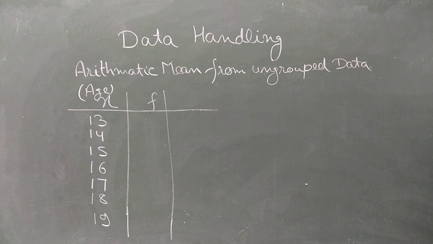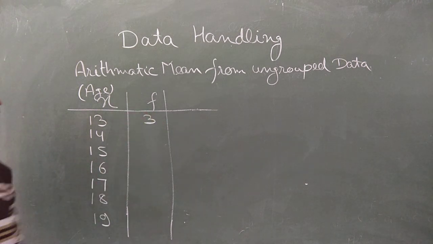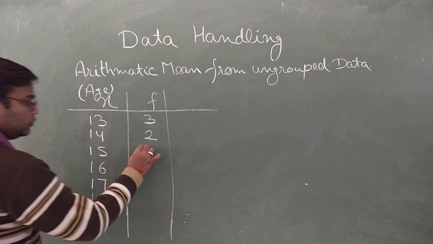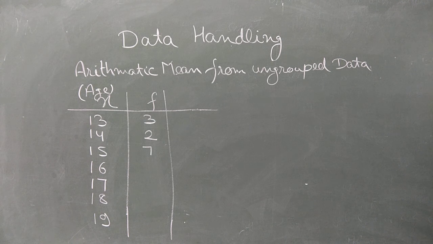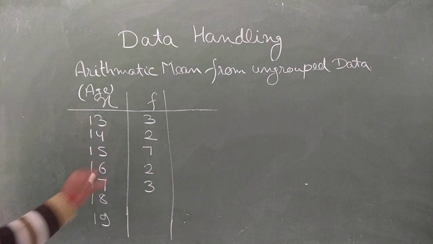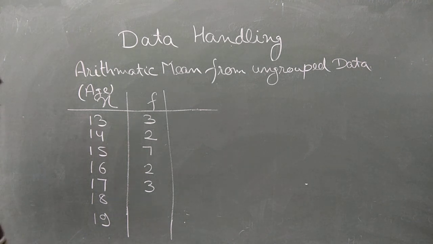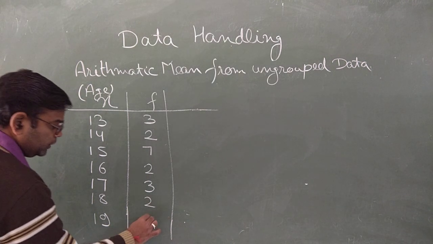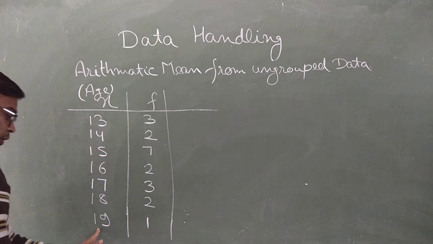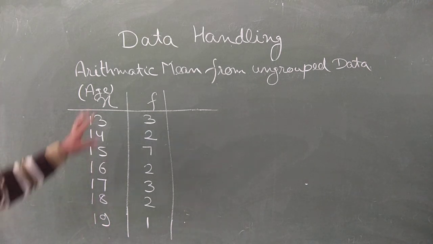There are 3 students whose age is 13, 2 students whose age is 14, 7 students whose age is 15, 2 students whose age is 16, 3 students whose age is 17, 2 students whose age is 18, and one person whose age is 19. This is the collection of data.